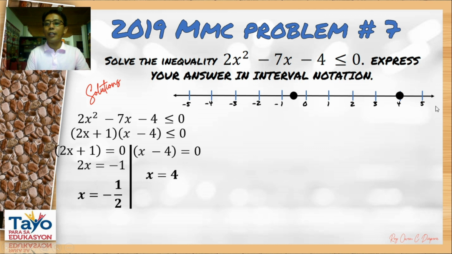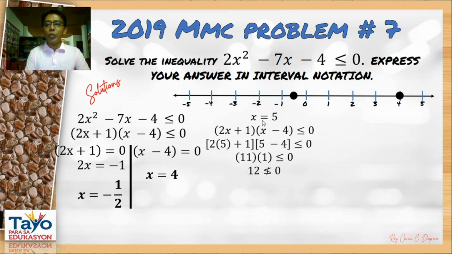So there are three regions. The region greater than 4 until positive infinity, and the points between negative 1/2 and positive 4, and the points between negative 1/2 to negative infinity. So let us check.